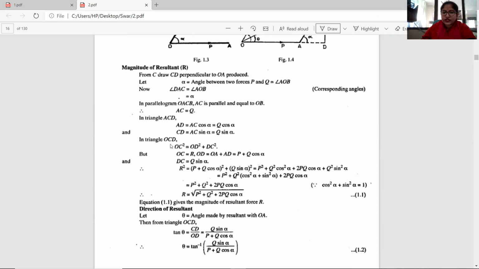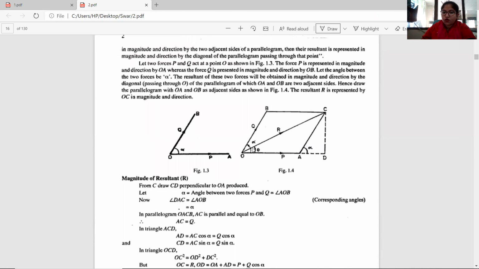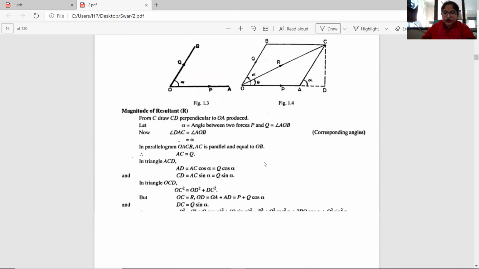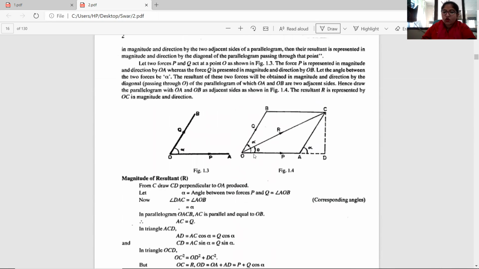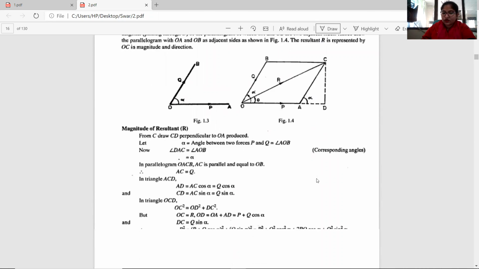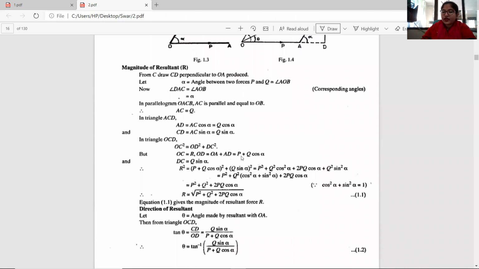In triangle OCD, OC square equals OD square plus DC square. OC is R. And what is OD? OD is OA plus AD. OA is P, and AD is Q cos alpha. DC equals Q sin alpha.